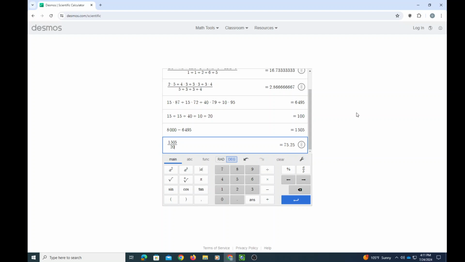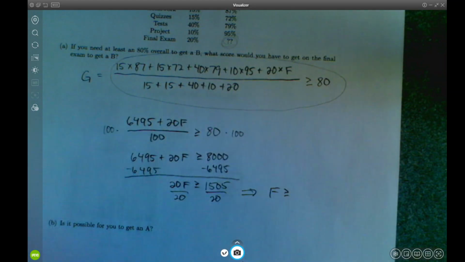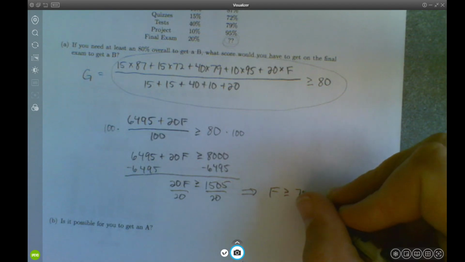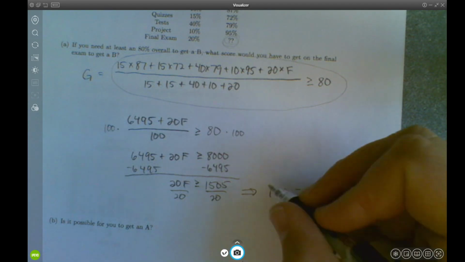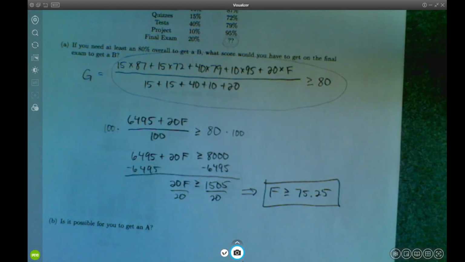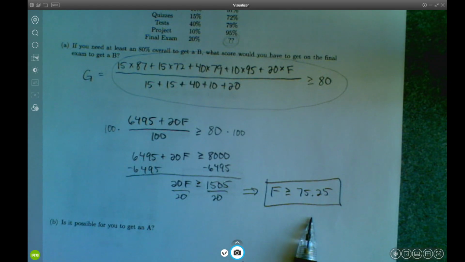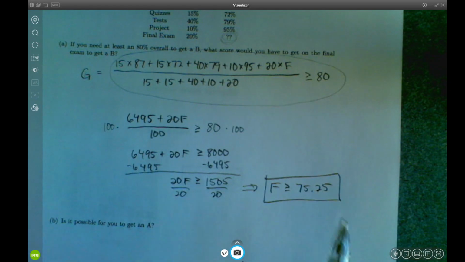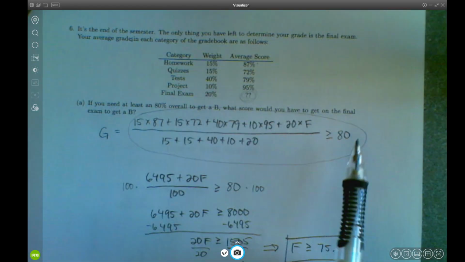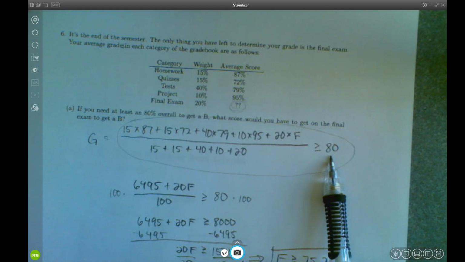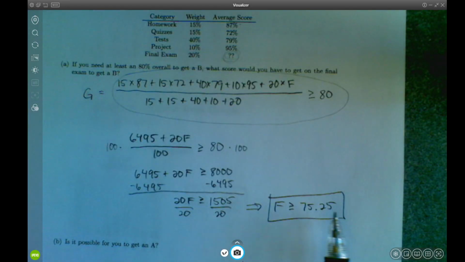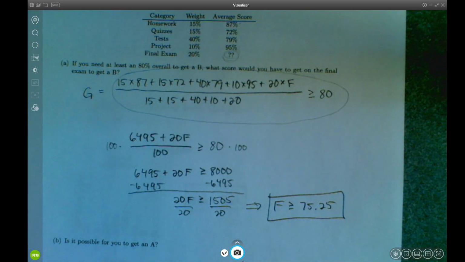And that's 75.25. So there you go. If you get a 75.25% on your final exam, then you will get a B in the class. If you get at least a 75.25. So that's how that works.